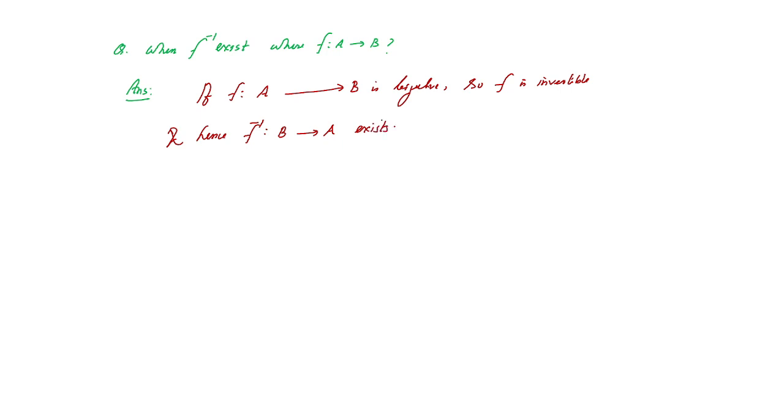Okay, and there is another important concept. The concept is left inverse. When does a left inverse exist? The definition is: let f be a map from A to B, any function.